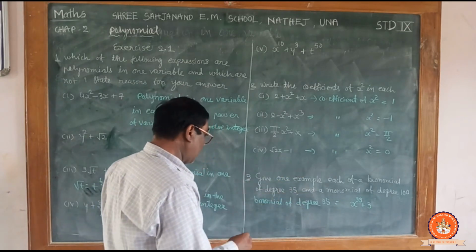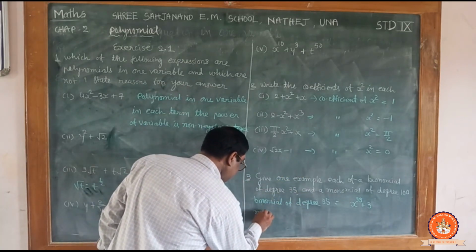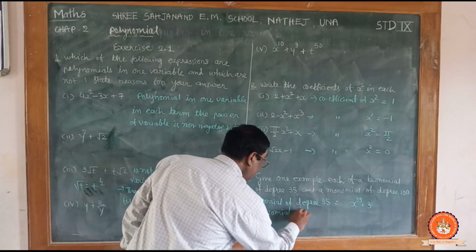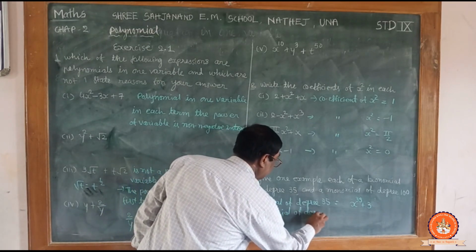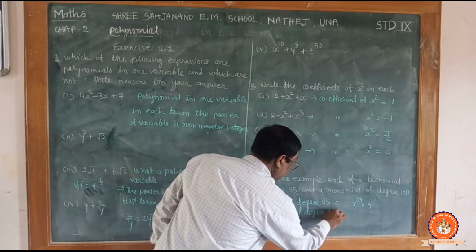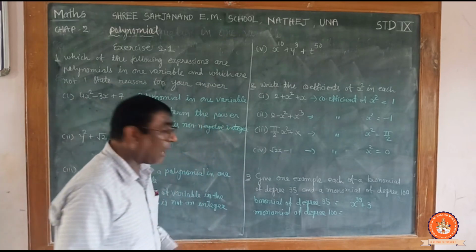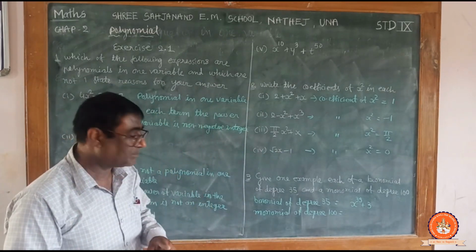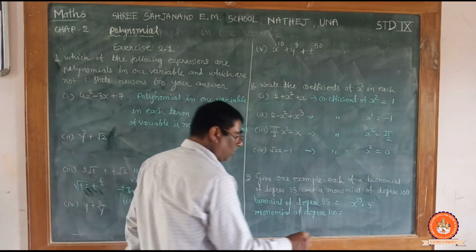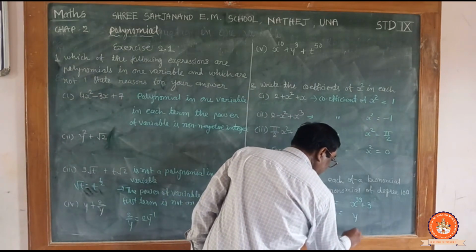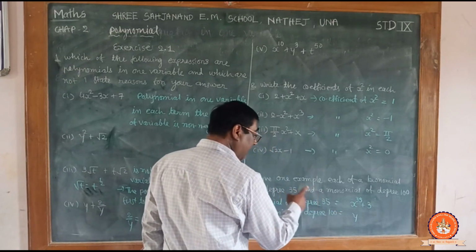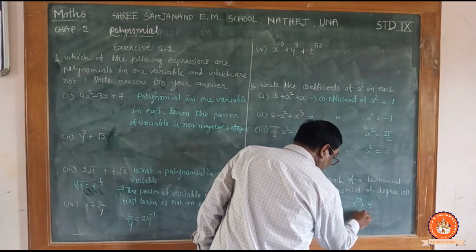Now, a monomial of degree 100. A monomial means a polynomial with one term. So with variable y, monomial means only one term, and degree 100 means we give it power 100.